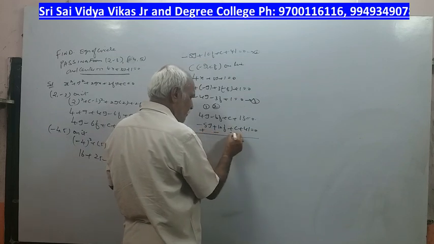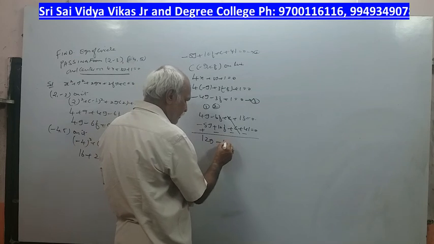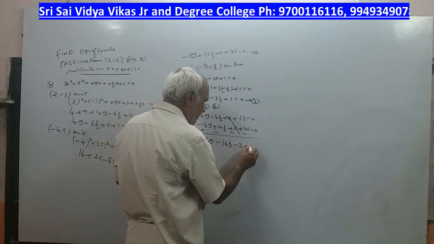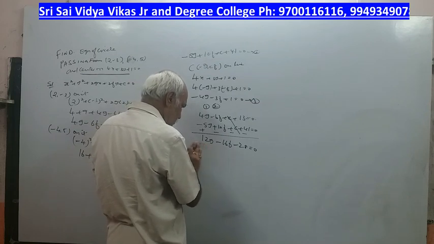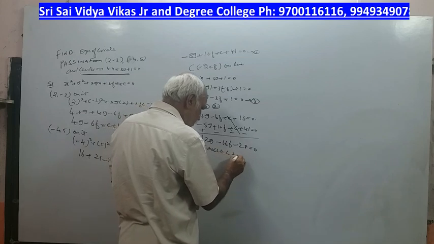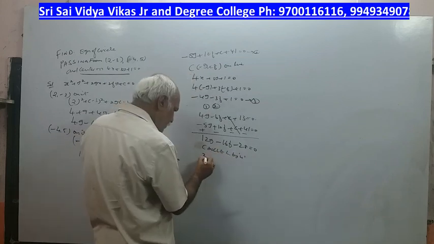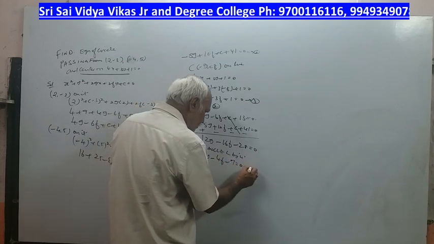Subtract: plus minus, minus minus, c will get cancelled. 12g minus 16f minus 28 is equal to 0. Cancel by 4 table. So what will happen? 3g minus 4f minus 7 is equal to 0.